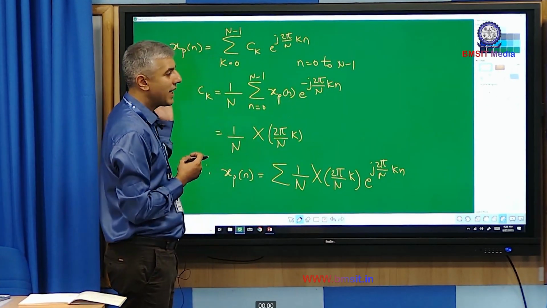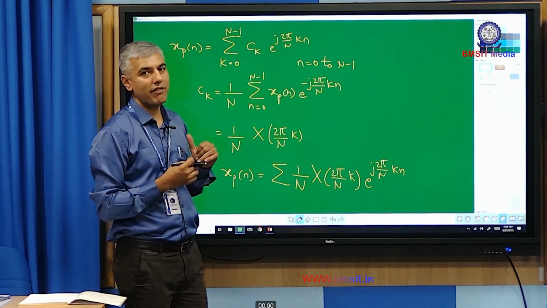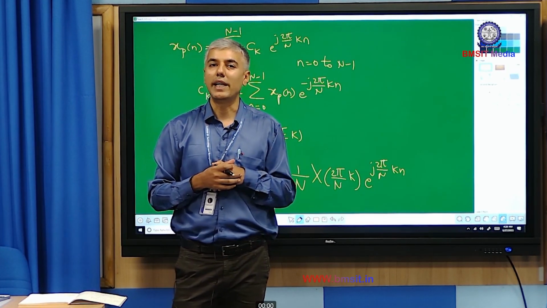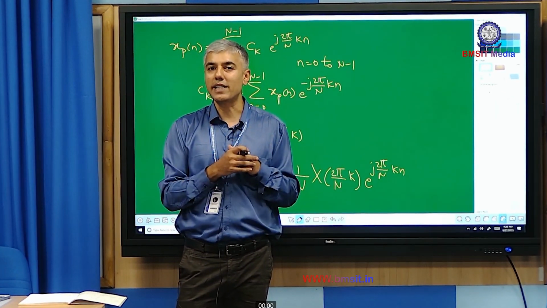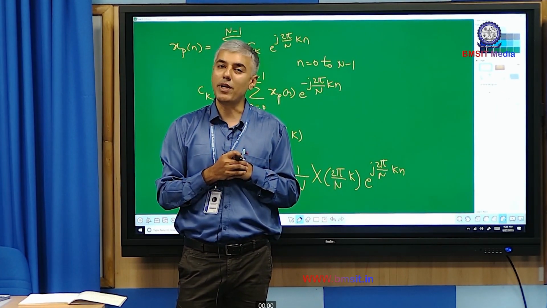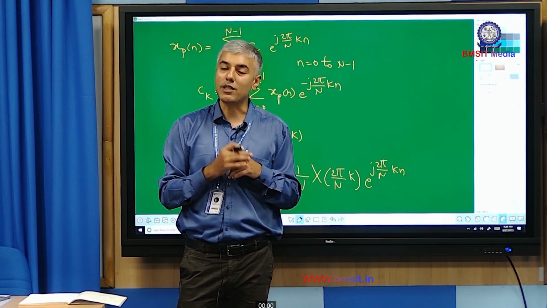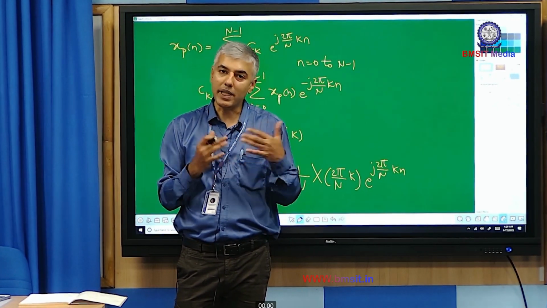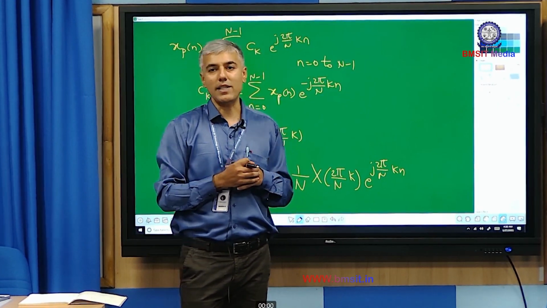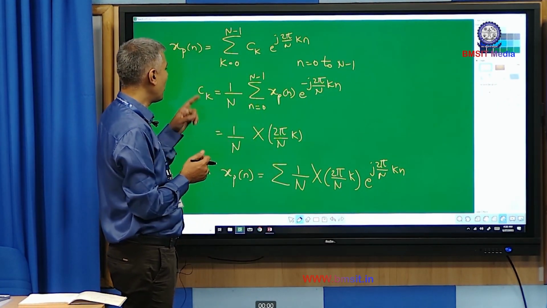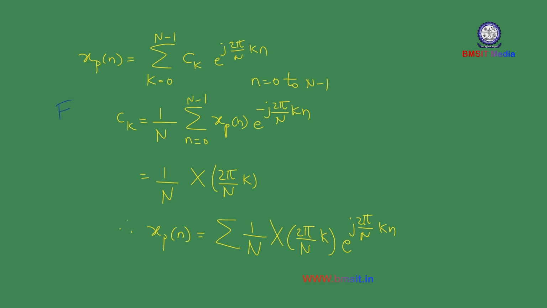The left hand side of this expression is xp of n. So using all the ingredients on the right hand side, you can obtain xp of n. Please recall that xp of n is the repetition of x of n. The ck as shown here are all the Fourier coefficients, and you can obtain them from this relation.